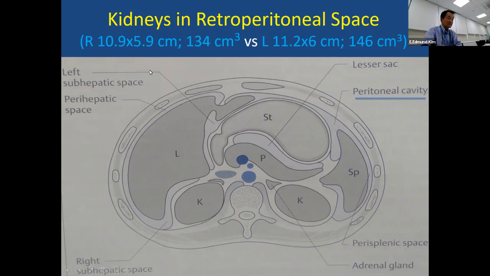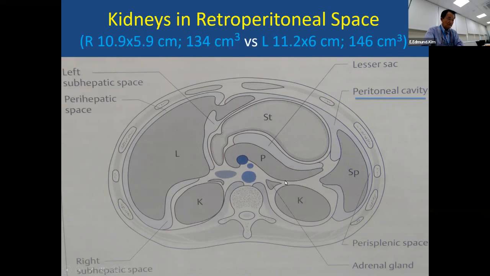The right kidney is a little bit smaller than the left kidney, and they're about 150 grams. The width is about 3 to 5 centimeters, and the depth is also 3 to 5 centimeters, but the elongated length is about 11 centimeters, and the left side is a little bit bigger.